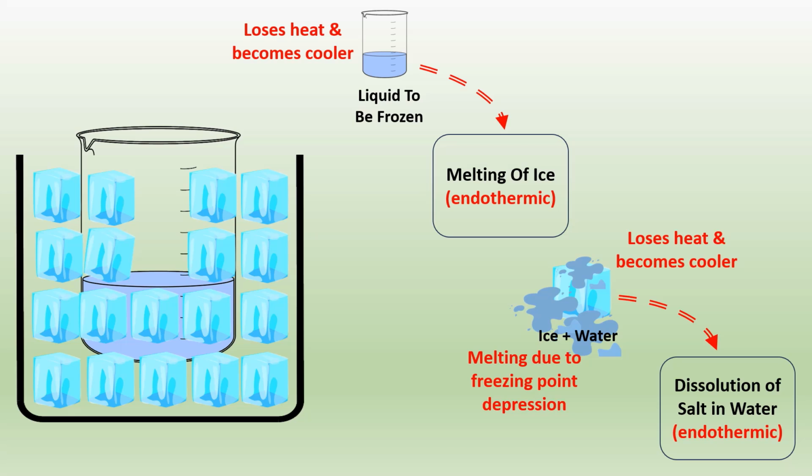This dissolution of salt takes energy from the ice and water mix, making it cooler. And the melting of ice due to freezing point depression requires energy, which it takes from the liquid to be frozen. The liquid to be frozen becomes cooler and cooler. Ultimately, when it reaches its freezing point, it freezes. This is how our ice cream was set.